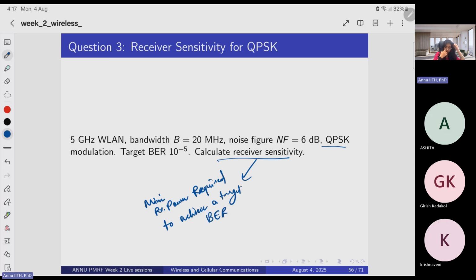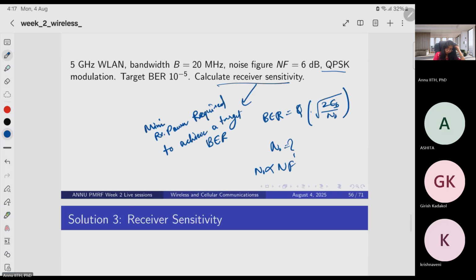BER is given. And we know that BER is nothing but Q of root over 2 Eb by N naught. Now, what is N naught? N naught is directly proportional to noise figure.